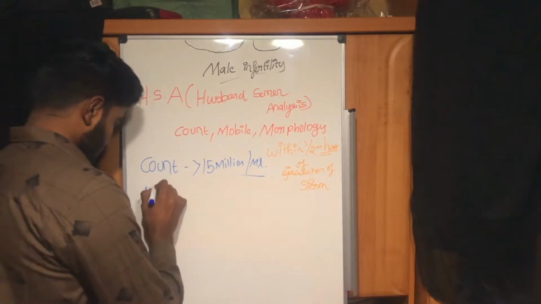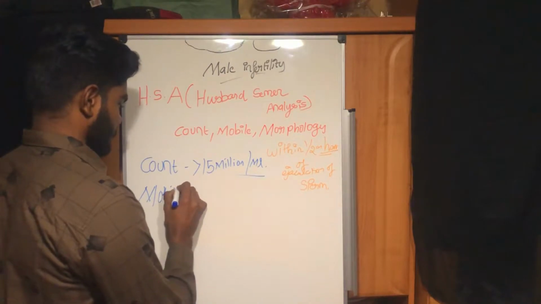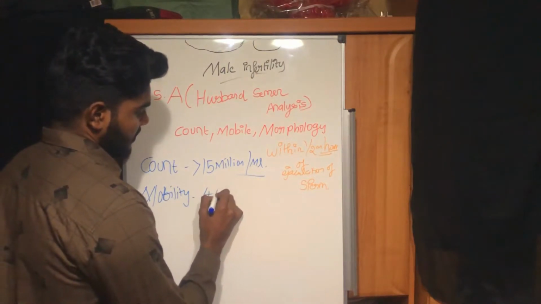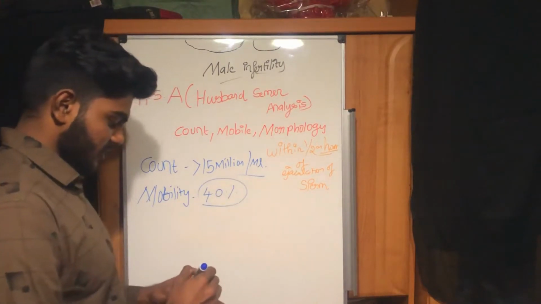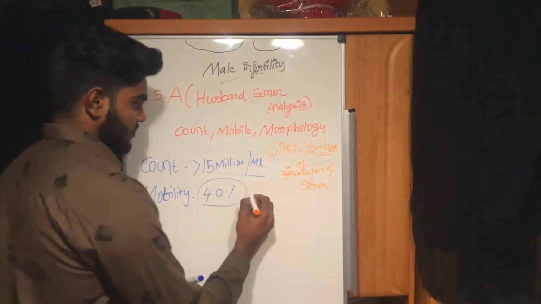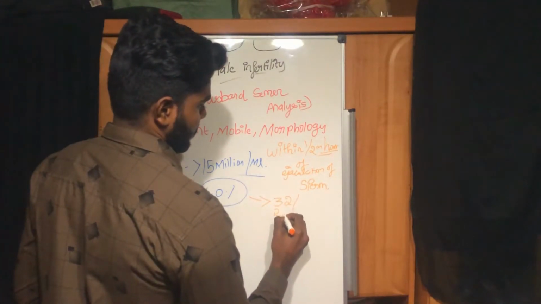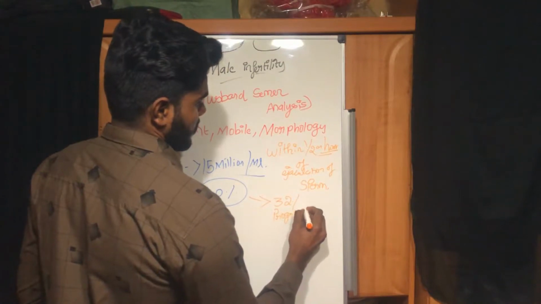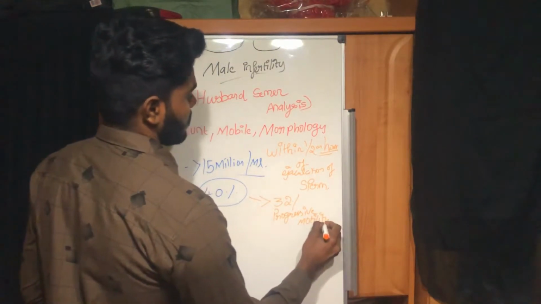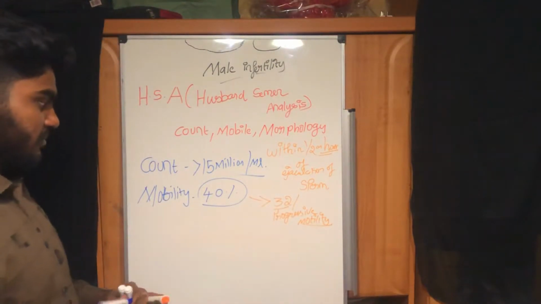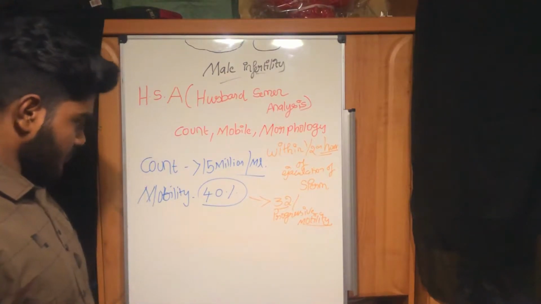And the motility: 40% motility is needed. Out of this 40%, 32% is progressive motility.